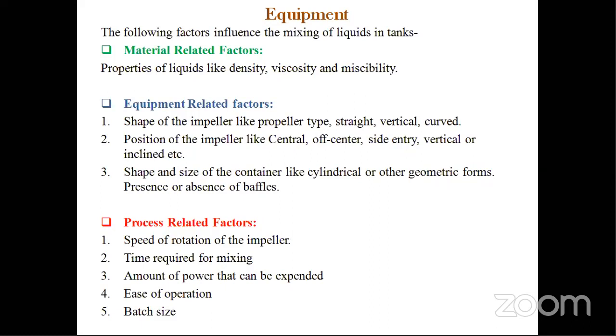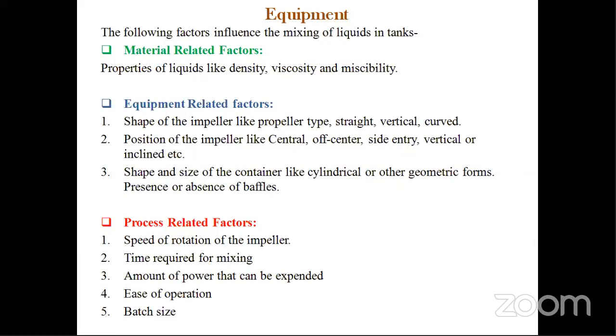Equipment related factors. You already know what type of factors these are. That is the shape of the impeller, like a propeller. Depending on the type of propeller you are using, we can control or affect the mixing process: straight, vertical, curved, whatever. Position of the impeller: you just saw that the position of the impeller can reduce vortex formation and increase the efficiency of the mixing process, like central, off center, side entry, vertical, inclined, etc. Shape and size of the container: if your container is cylindrical, you can control the vortex formation.